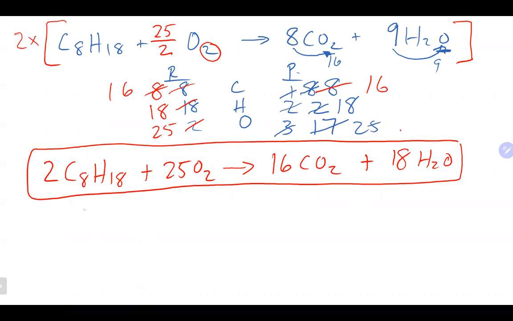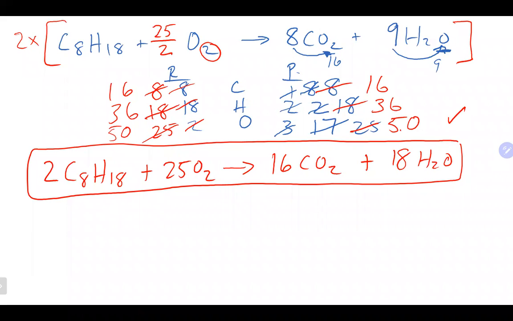Hydrogens: 2 times 18 is 36 on the left, and 18 times 2 is also 36 on the right. Oxygen should be a grand total of 50 on the left. On the right, we've got 32 in the first one and 18 more, so 32 and 18 is 50. So we are balanced now. Any questions on that particular one?